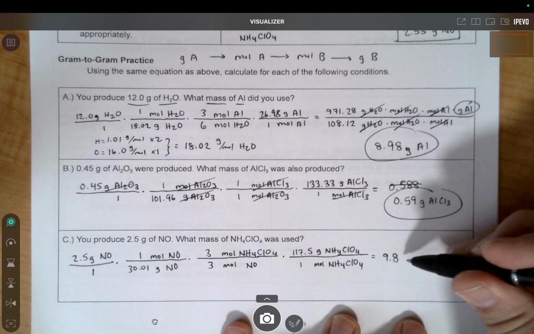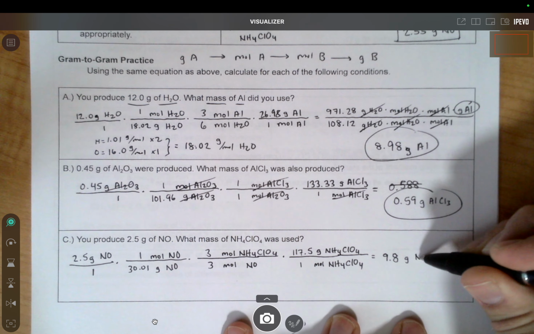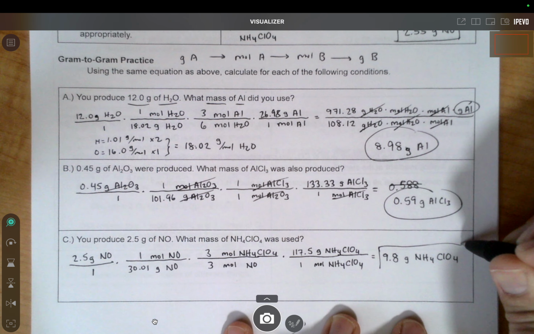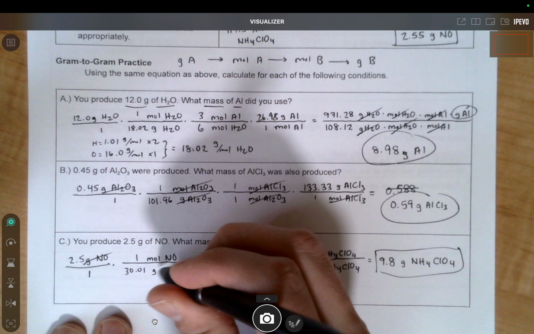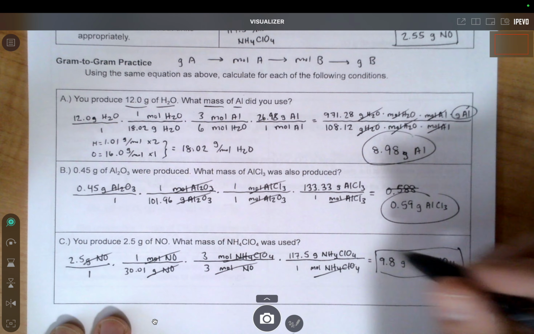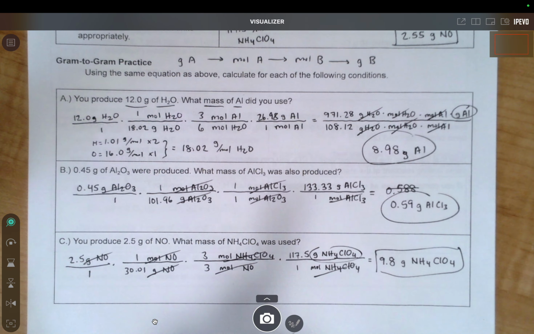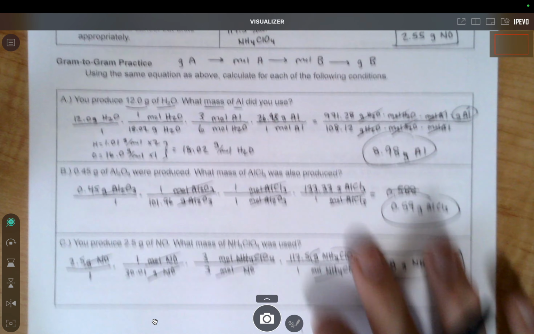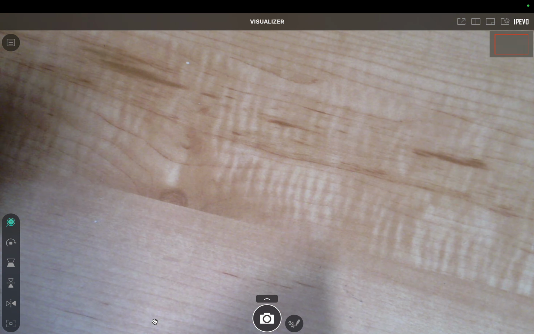So I'm going to round that to 9.8 grams of ammonium perchlorate. And that's the game. Why? Because grams of nitrogen monoxide cancels, moles of nitrogen monoxide cancels, moles of ammonium perchlorate cancels, leaving you with the one unit you're looking for, grams of ammonium perchlorate. It's magic.